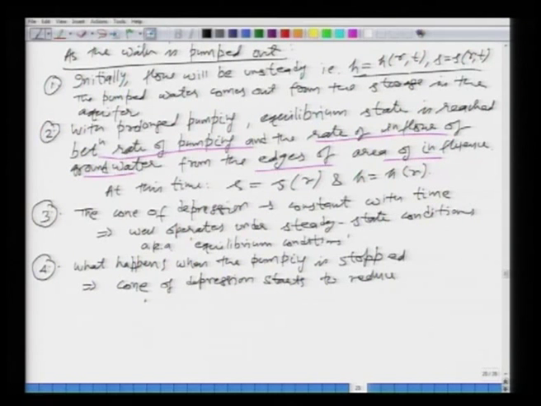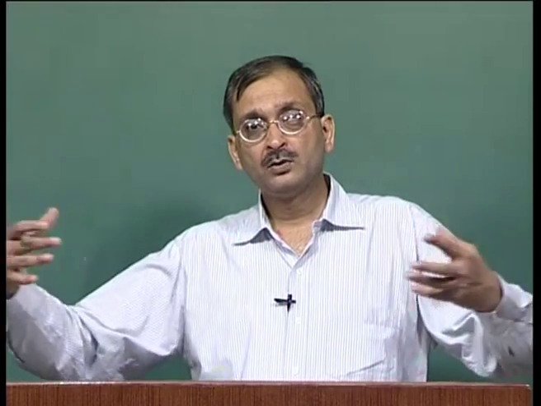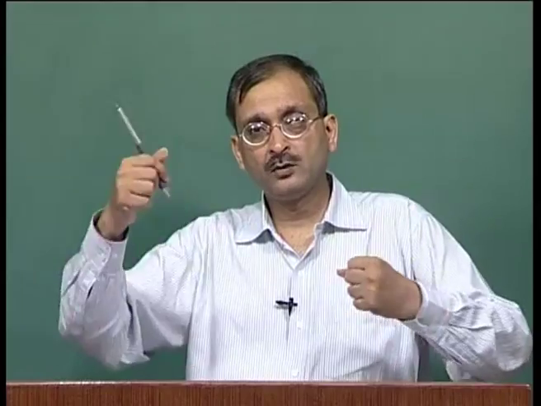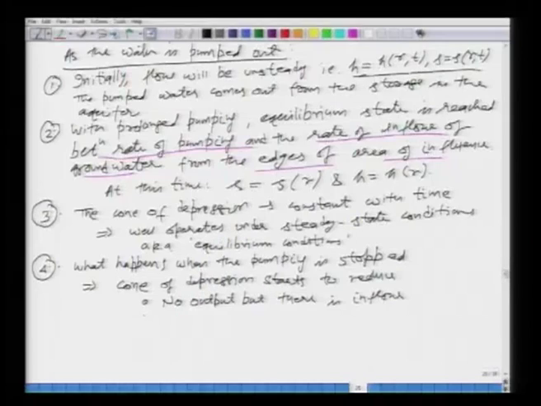Why is it happening? Because certain observations we want to make: there is no output from your aquifer well system. Our output has stopped, but there is inflow taking place from the edges of the area of influence. So, inflow is continuously coming into the cone of depression, so that the cone of depression starts to reduce. Inflow is there, there is no outflow, so we will have the unsteady conditions.